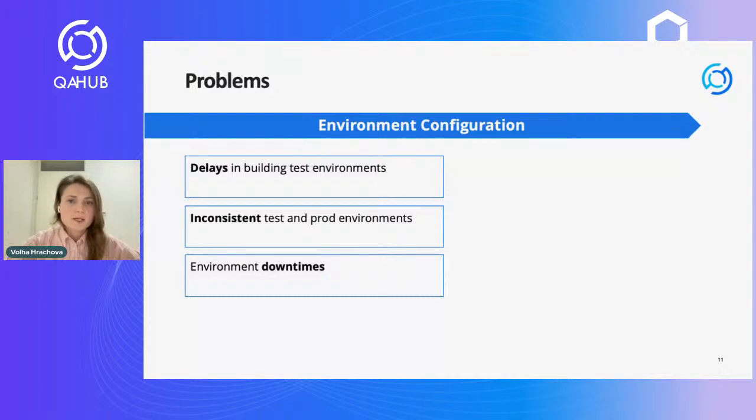But that's not as bad as the situation when we do not spot an issue on the test environment, but there would be an issue on production, and this is the reason for inconsistent test and production environments.